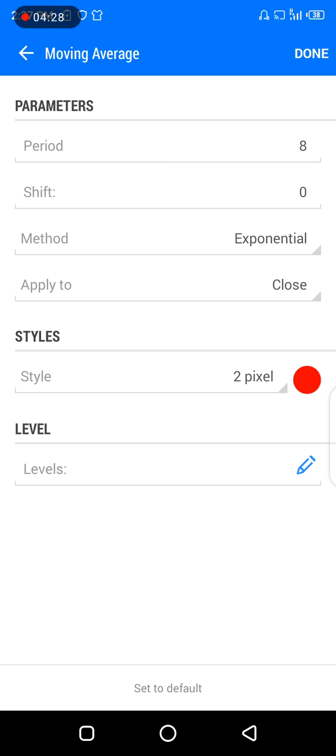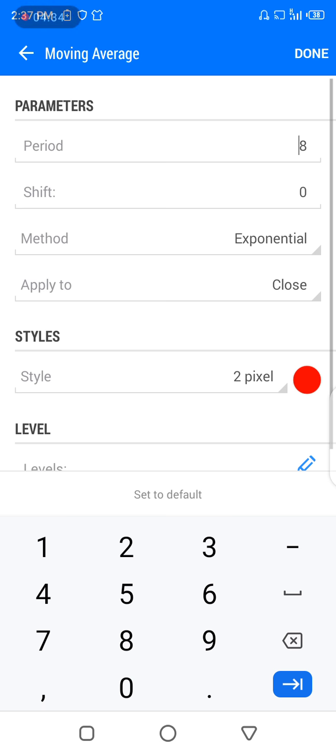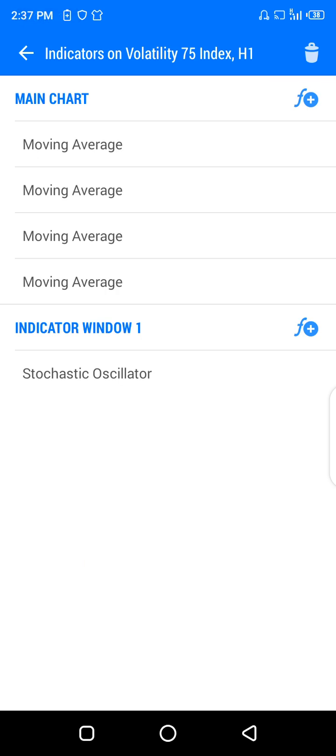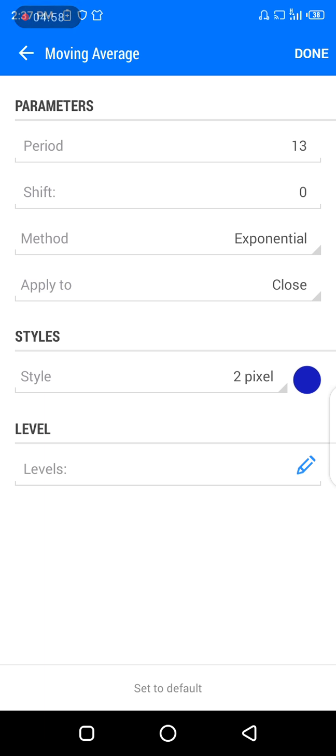Let me rather do the 55 with color red. Good. And then the 13 will be violet.